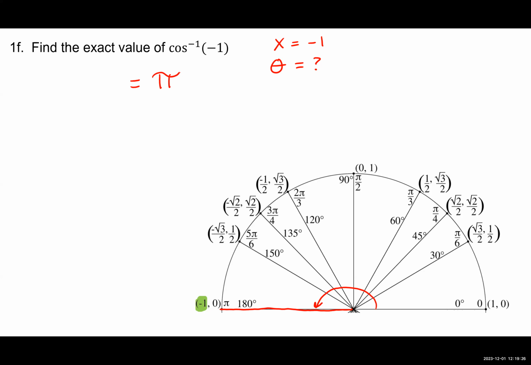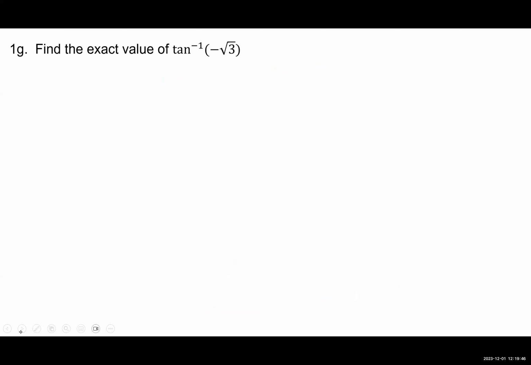So sine inverse and cosine inverse, these two are a little bit more straightforward than the tangent, right? Because the sine is the y value. You read it directly off this unit circle. The cosine is the x value. You read it directly off this unit circle. But what about the tangent? Find the exact value of the tangent inverse of negative root 3.